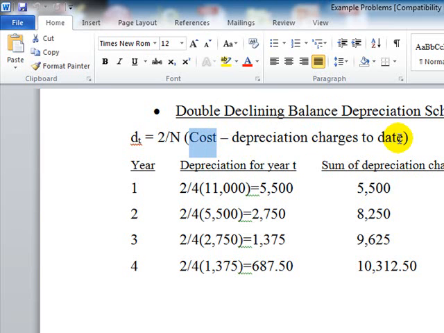That means, let's say we are doing the calculation for the third year. So D sub 3 will be 2 divided by 4, total number of years. Cost is $11,000 minus depreciation charges for the first 2 years. The total depreciation charges for the first 2 years will go here for the calculation of the third year, right? Right now we don't know the total depreciation charges for the first 2 years either, so we have to calculate for each year.